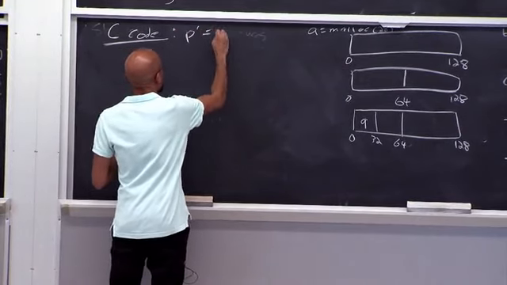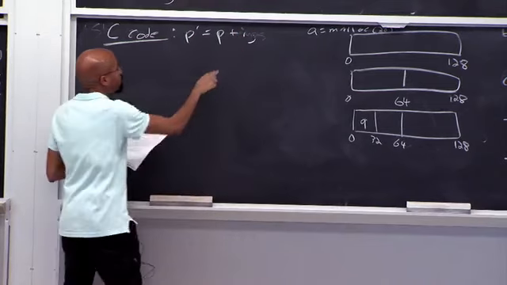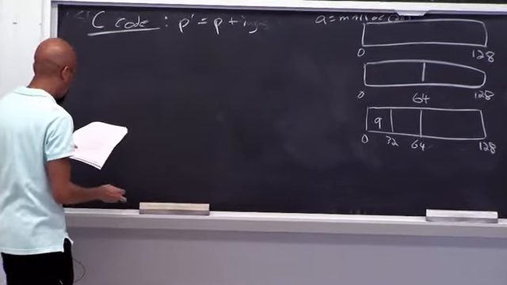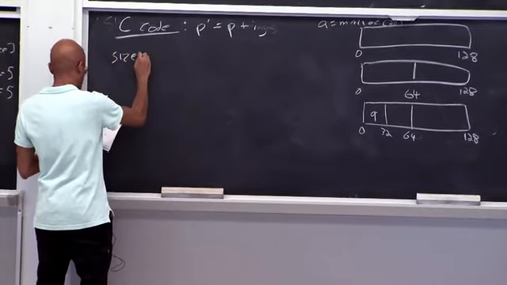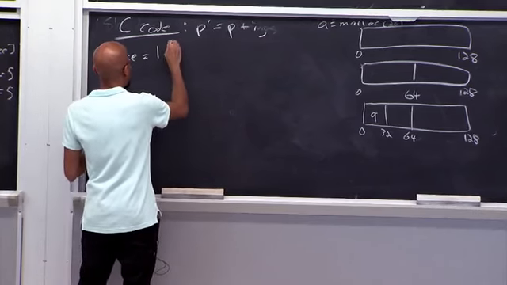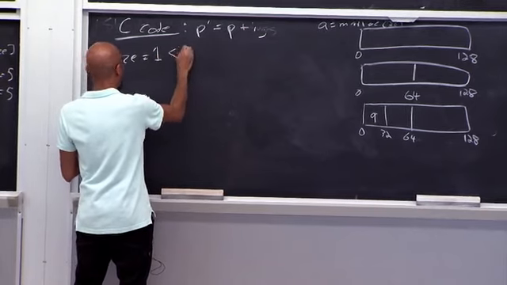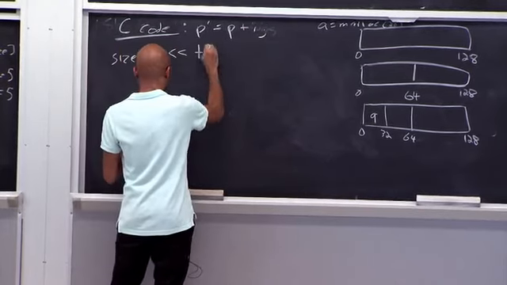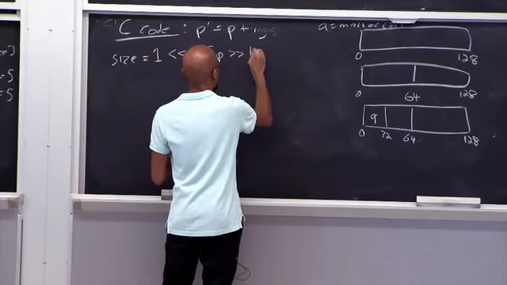So you have a pointer P prime, you derive it from P, and then you add some variable I. So how do you get the size of the allocation belonging to P? Well, you look in the table using this lookup here.